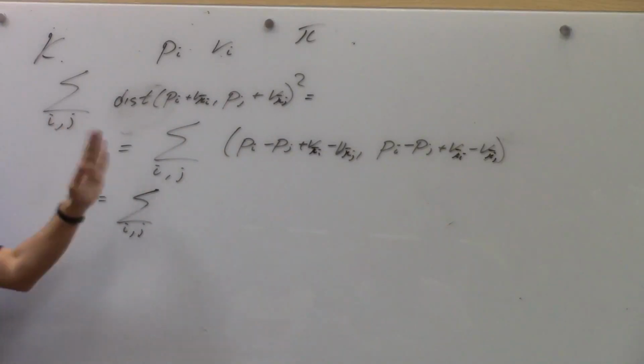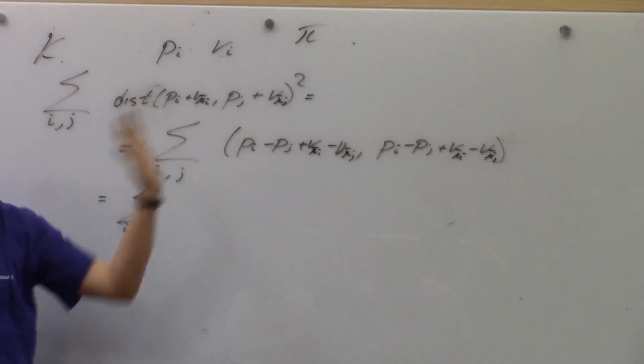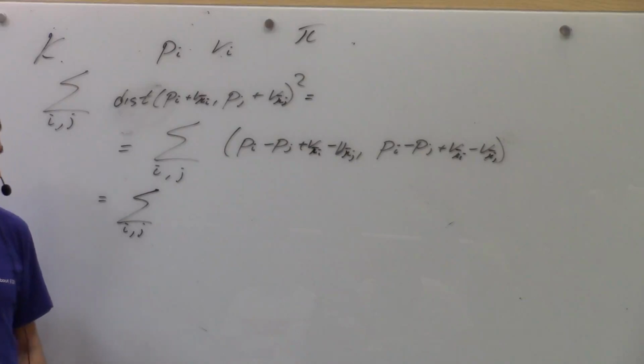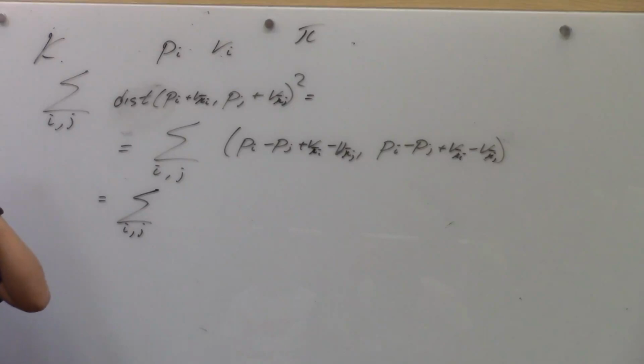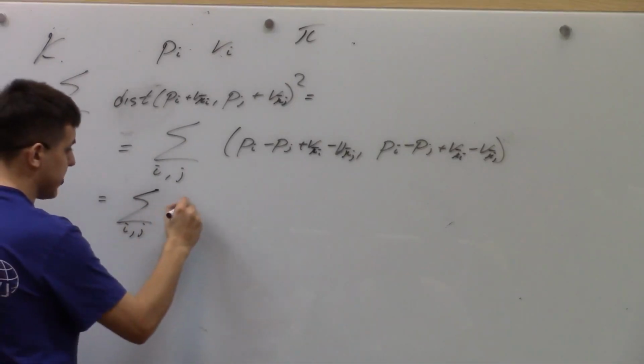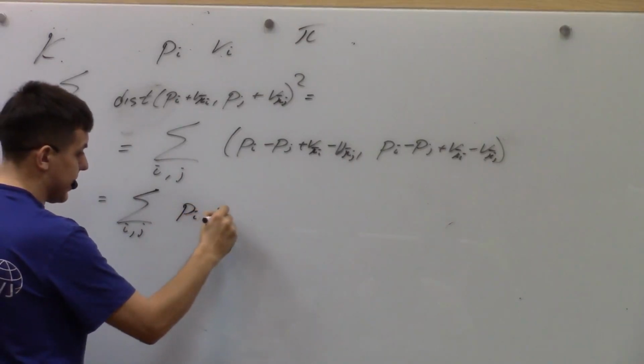So there are 16 terms if I expand this scalar product, but a lot of them will be constant since we sum over all i's and j's. So for example, sum of pi times pi is constant.